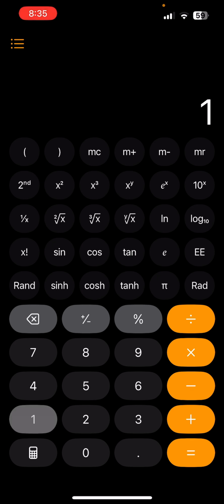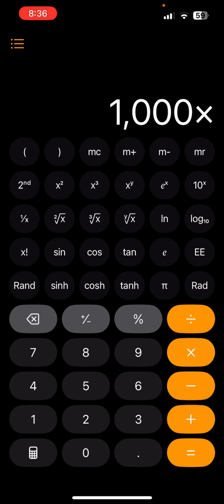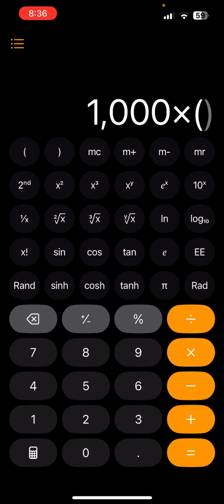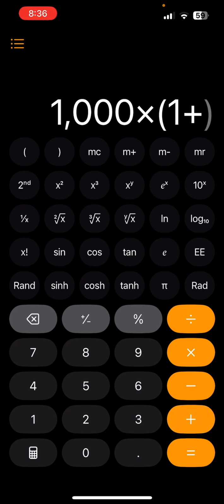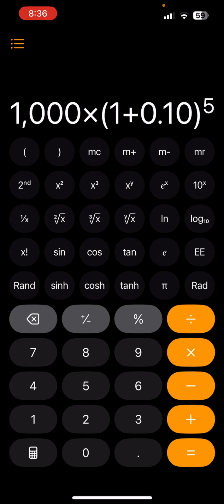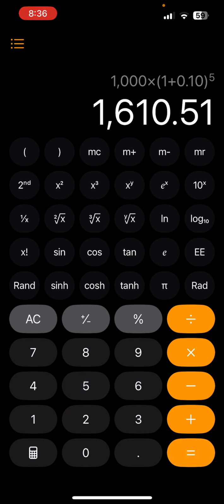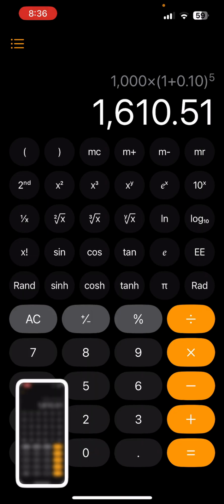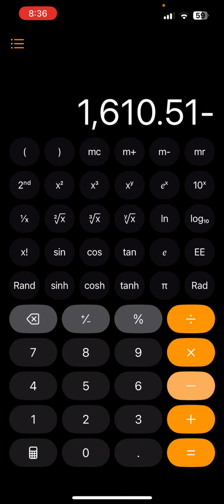So this will be 1,000 into, bracket 1 plus your interest rate, which is 10%, all raised to 5 years. Your future value will be $1,610.51.